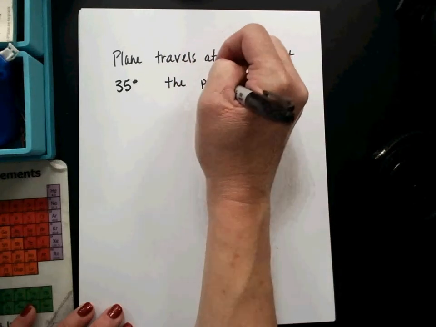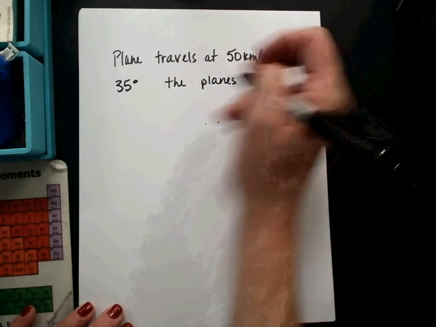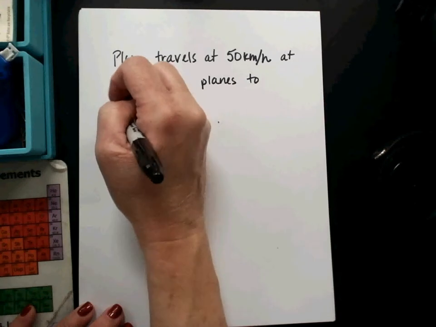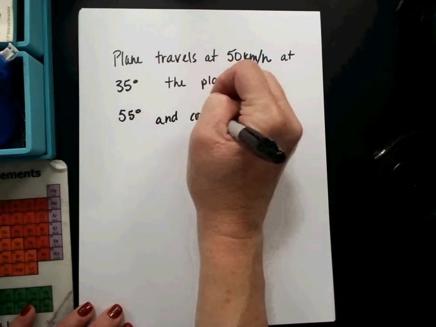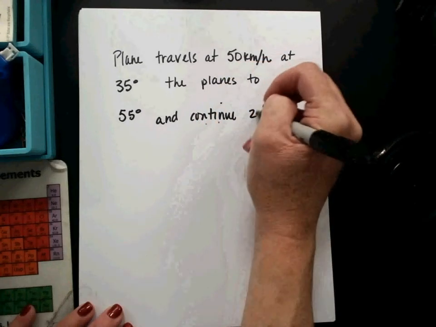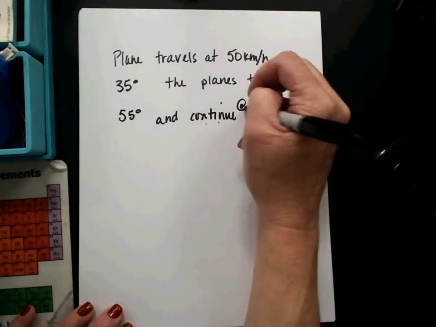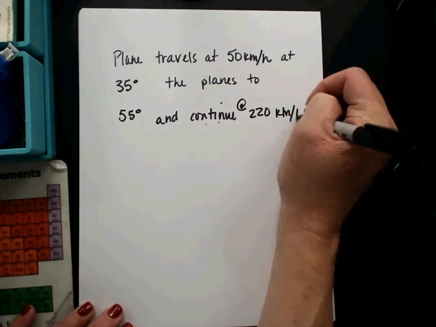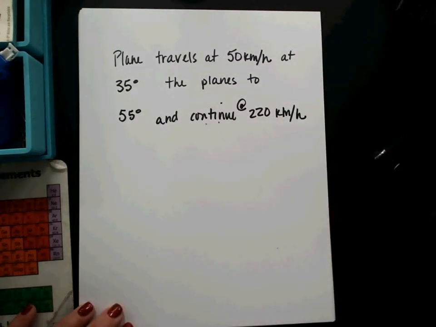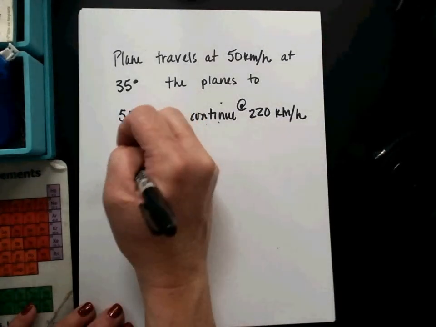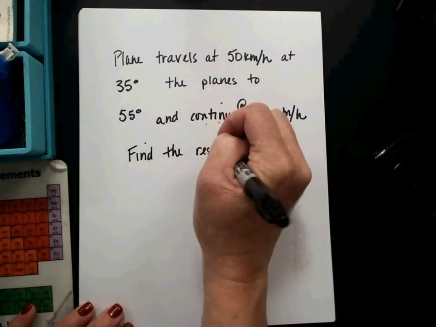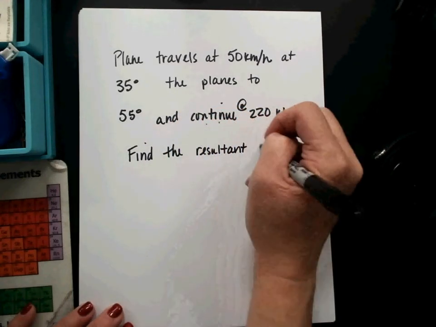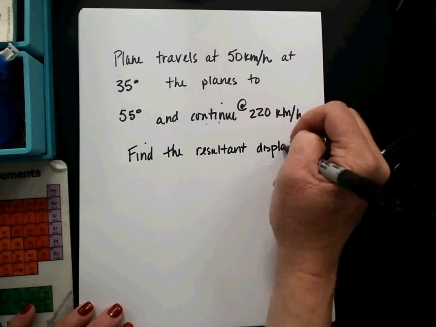And then the plane climbs to 55 degrees and continues at 220 kilometers per hour. And it might say something like, find the resultant displacement.